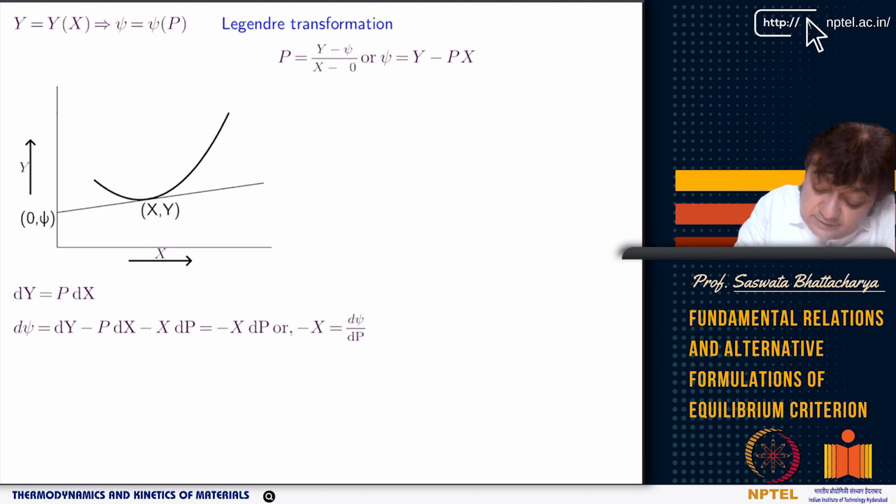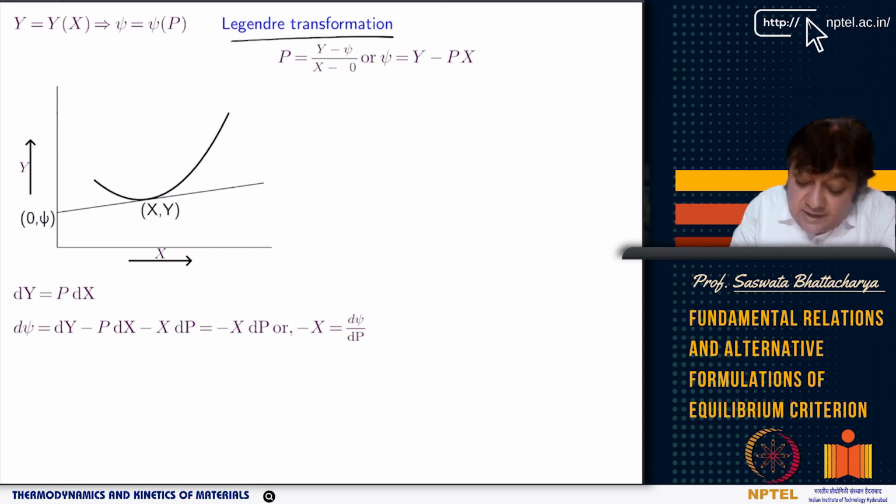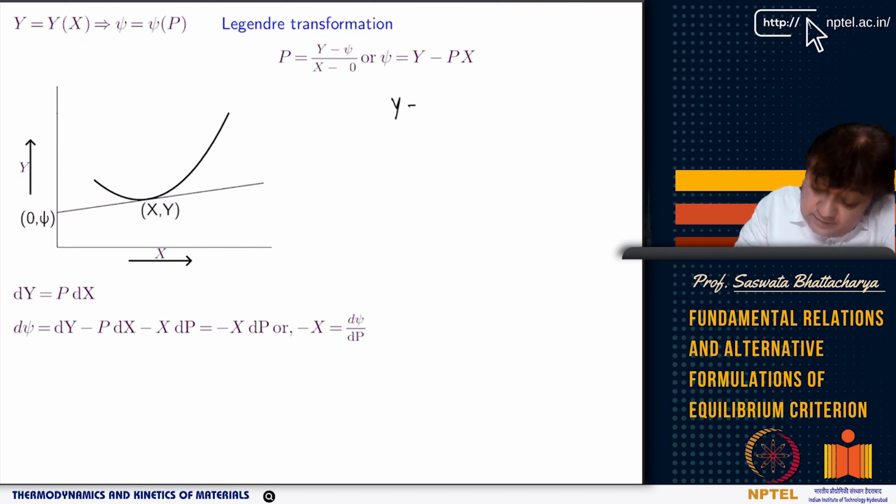Here we come to an interesting transformation in math, which is called the Legendre transformation. The idea of the Legendre transformation is this. If you have a function, in general, how do you write it? Say y equals f of x, or y equals y of x.